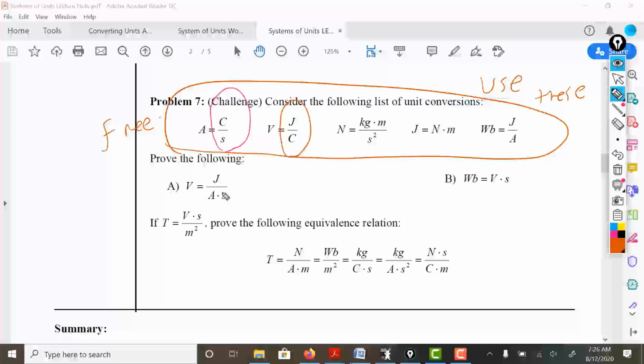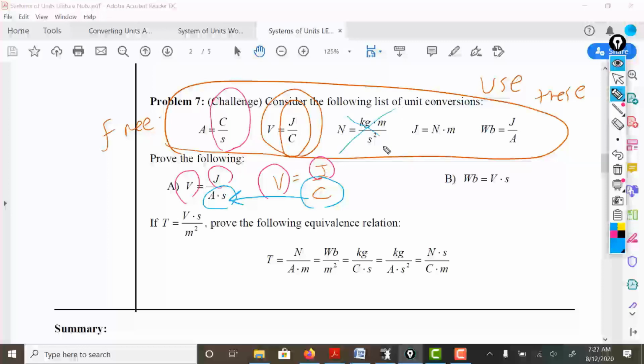Let's go ahead and start off with V is J over C, because you'll notice that I have the V and I have the J. But somehow I have to make this C look like an AS. Obviously for this problem, this is not going to help us because it doesn't have a C or an A. This has an A but no C and no S. We just use this.